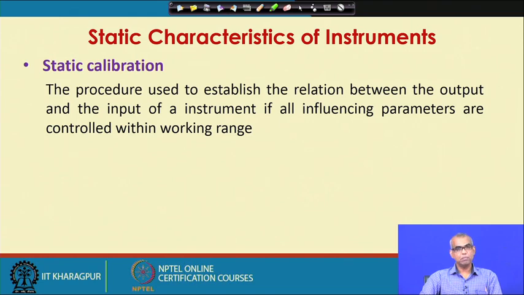So, by calibration we establish a functional relationship that exists between input and output, and this is done when all the influencing parameters can be controlled within the working range, and over this range the calibration will be valid.